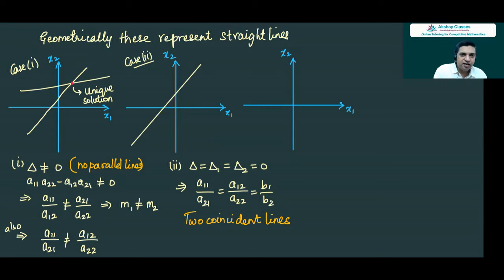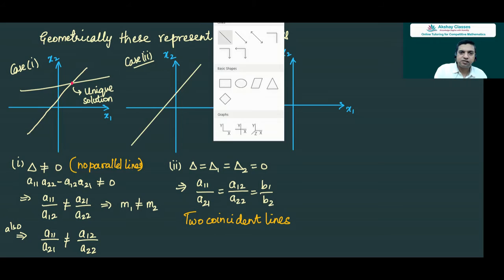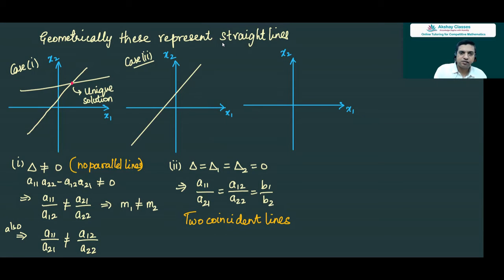So the second line I will mark with these are two lines, but they are coincident lines, one over the other. Got it? Now third case, what will that be?